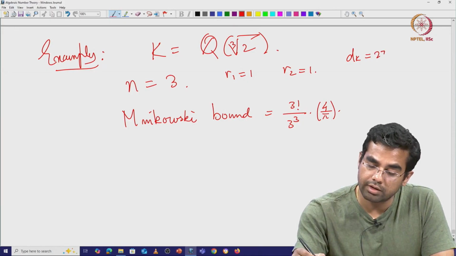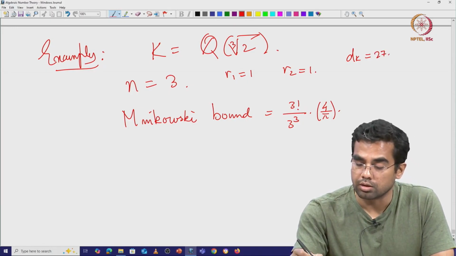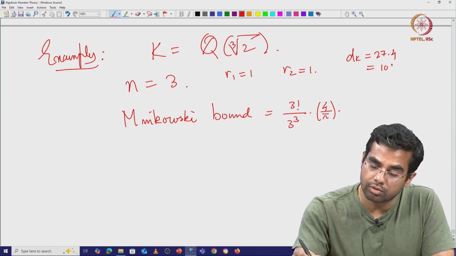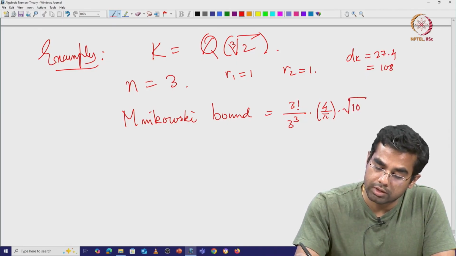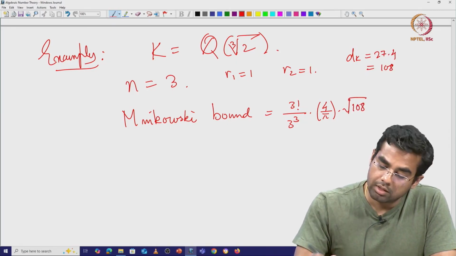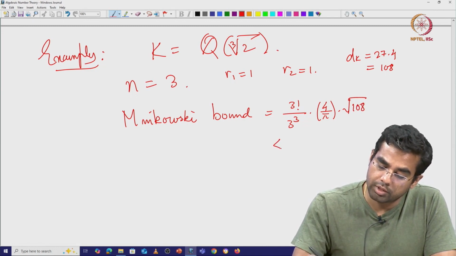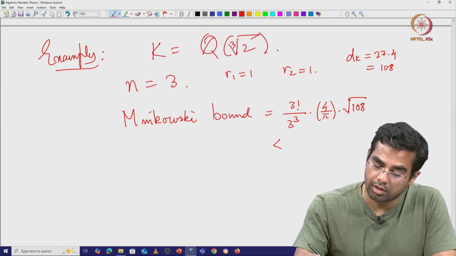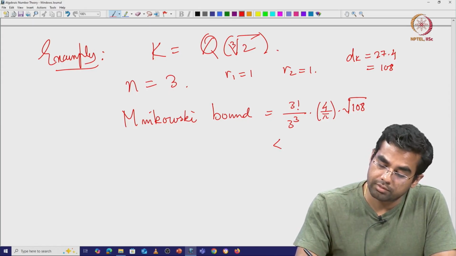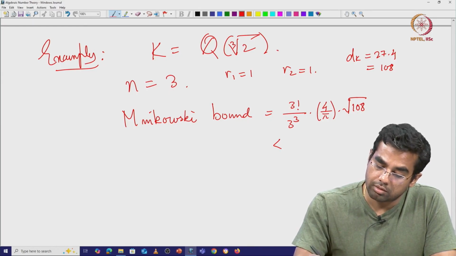So, this is 27 times 4, which is 108. So, square root of 108. And if you compute what this is, there are lots of large numbers involved.